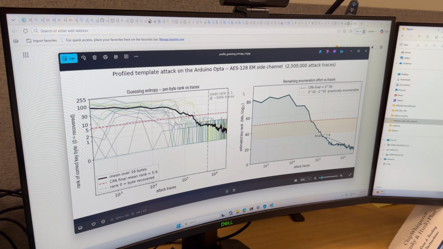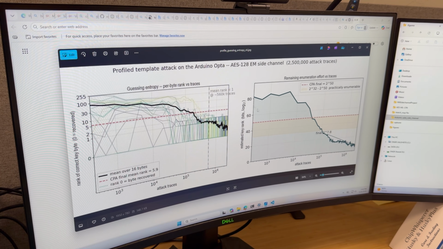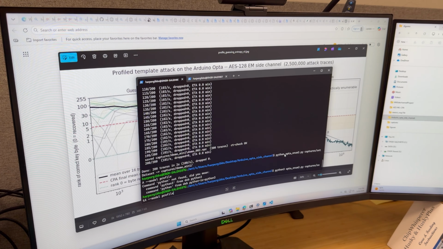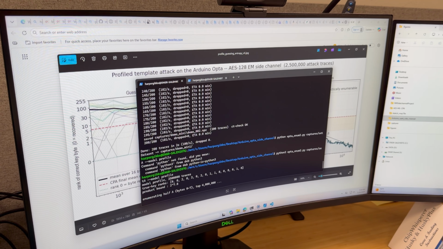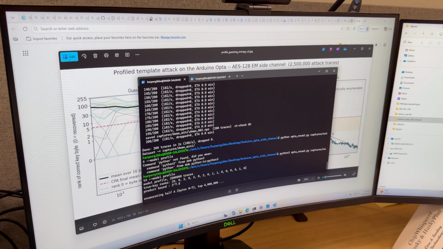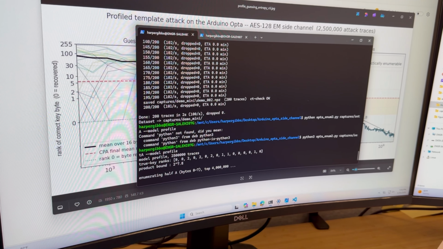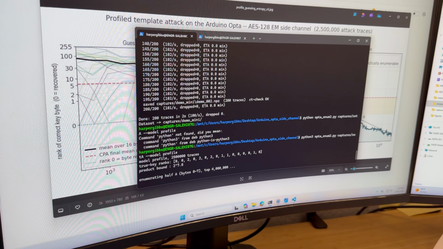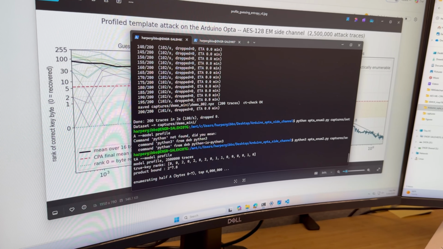So after we get our true key rank within range where enumeration can work, we then run enumeration, which this will show. It does take about a minute, so we'll just cut the middle.